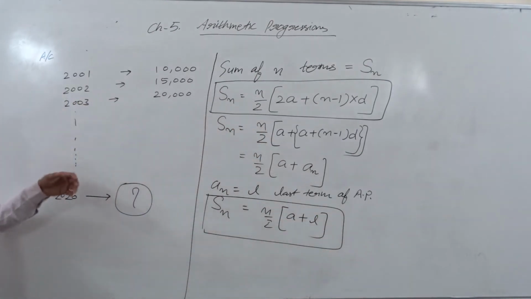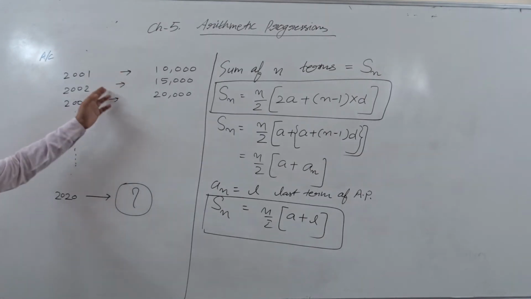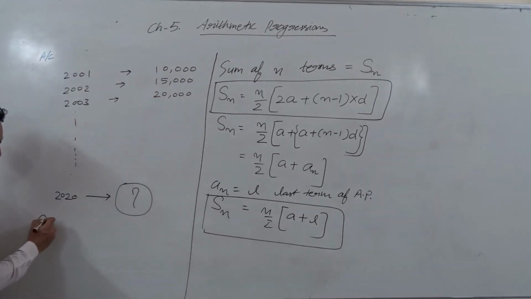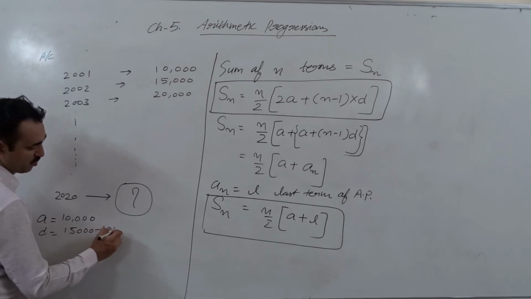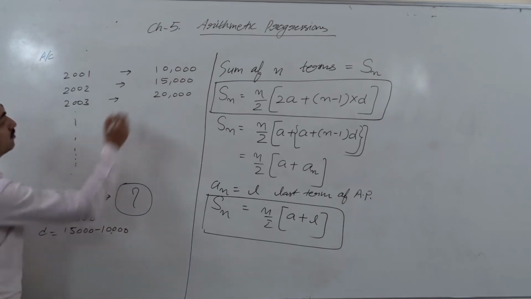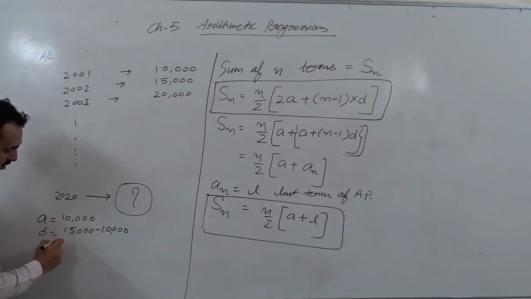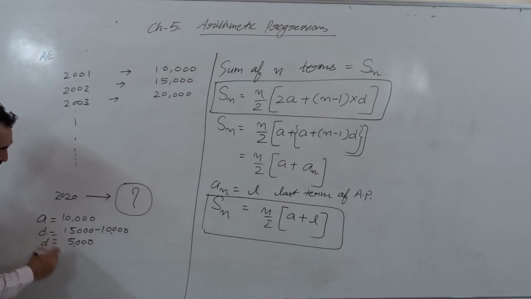So in this case, we don't know the last term, we know only the first term, and we can find d here. So let's solve. What is a? A is 10,000. What is d? 15,000 minus 10,000, next term minus previous term. So it will be 5,000. A is clear, d is clear.